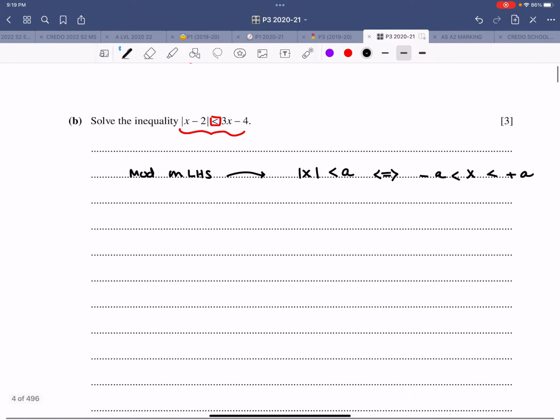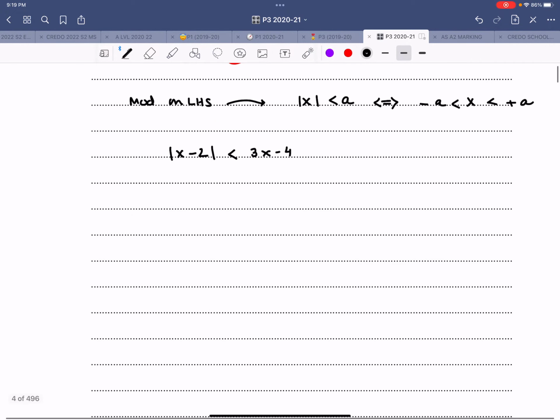So therefore modulus of x minus 2 is less than 3x minus 4. In other words, x minus 2 lies between 3x minus 4 and 3x minus 4 with a negative sign.